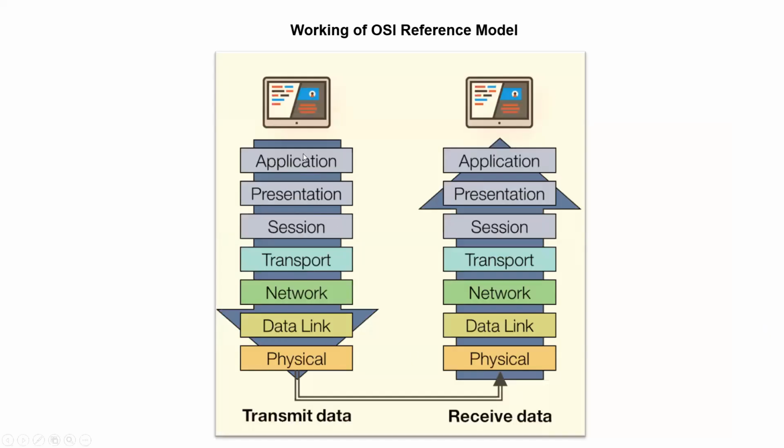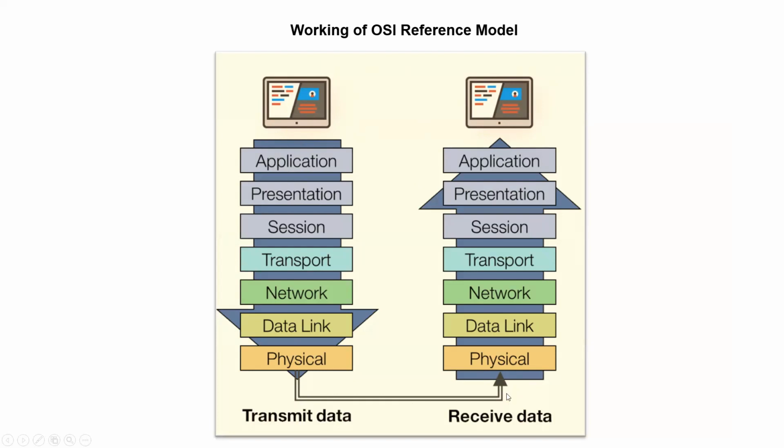the working. This is your application, this means the user interface is there, and this is also a user interface. When we have to transmit the data, it is passing through this, and this is the actual physical medium.